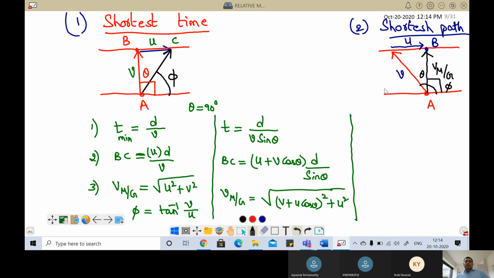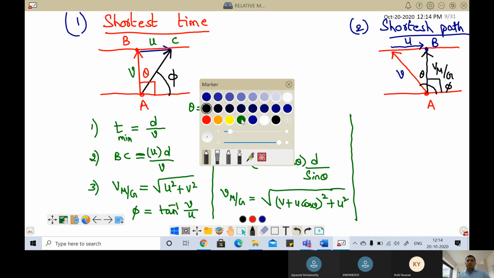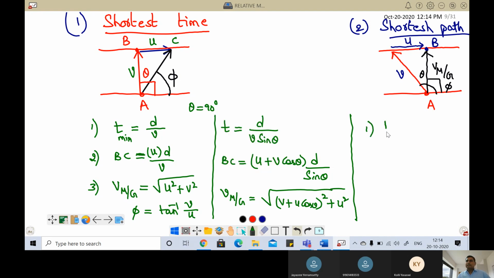Now tell me one by one. Anushka, what is the time formula in this case? She is not there. Bhavya Yashasvi? The time formula is d by root over v square minus u square, sir.